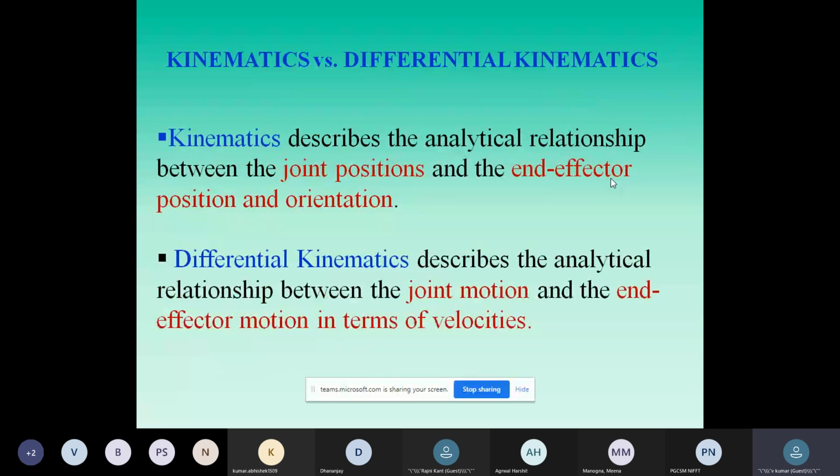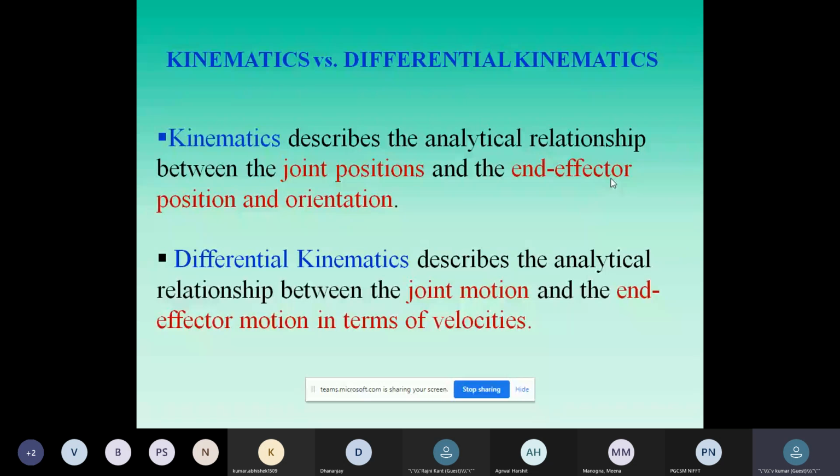What is the difference between kinematics and differential kinematics? Kinematics is an analytical relationship between joint position and end effector position. What is joint position? I have already told you, the manipulator has joints and links. Joint position means joint angles theta 1, theta 2, theta 3.